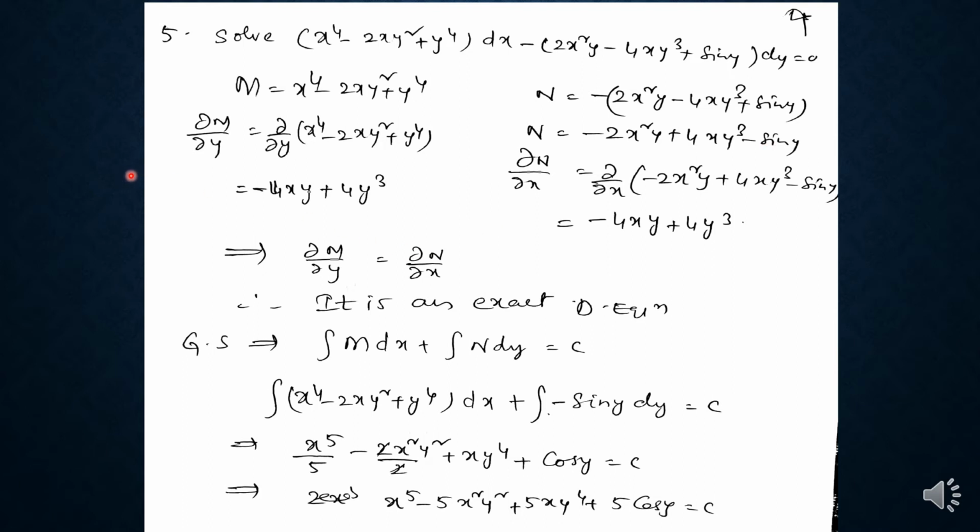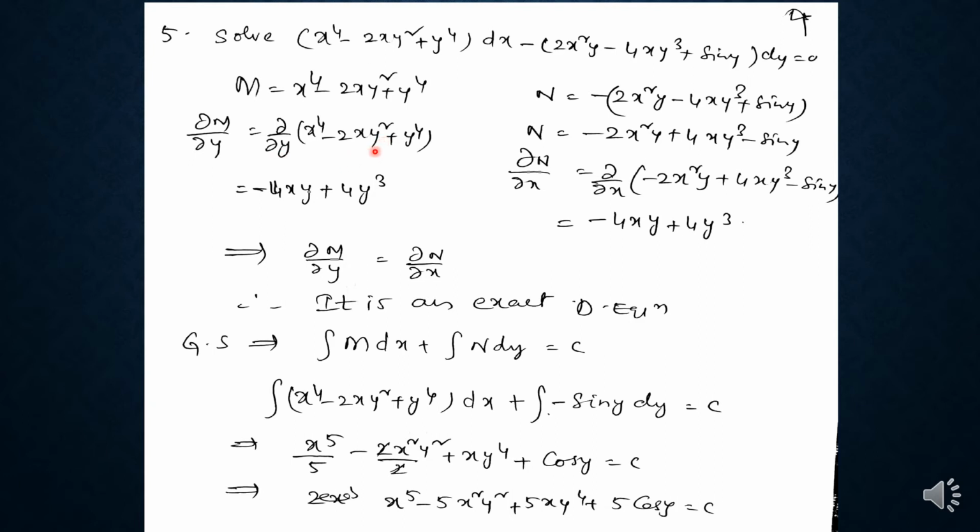So find the derivative of M with respect to y, that is ∂M/∂y is equal to ∂/∂y of (x to the power of 4 minus 2xy square plus y to the power of 4). While differentiating with respect to y, we know that x is the constant. So ∂/∂y of x to the power of 4 is 0, and ∂/∂y of minus 2xy square: here the constant is minus 2x into ∂/∂y of y square, which is 2y.